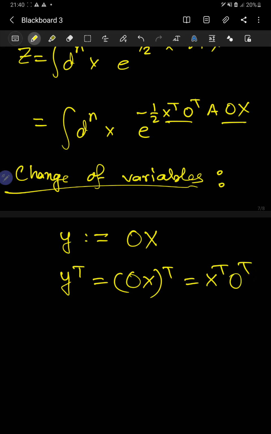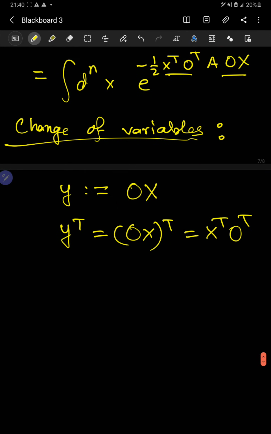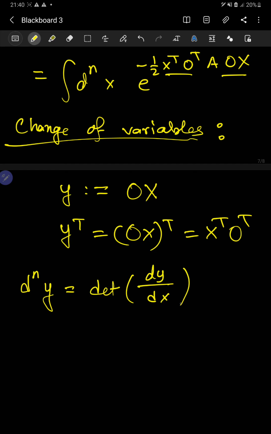When you're transposing, you have to reverse the order, if you know it. So now what is our measure here? The integration measure would be changed by the determinant of the Jacobian, which is this.